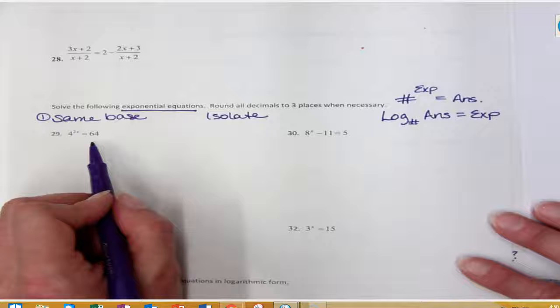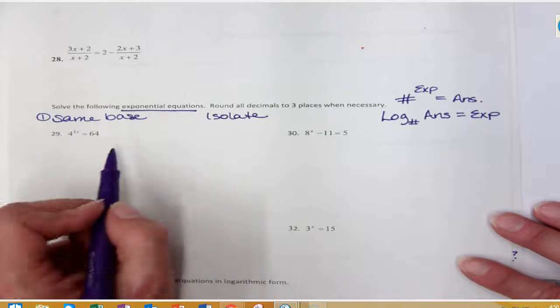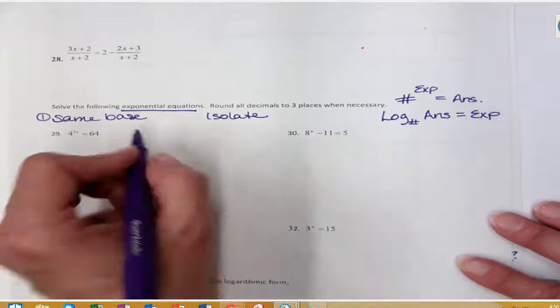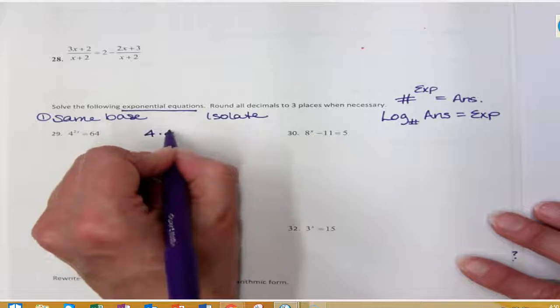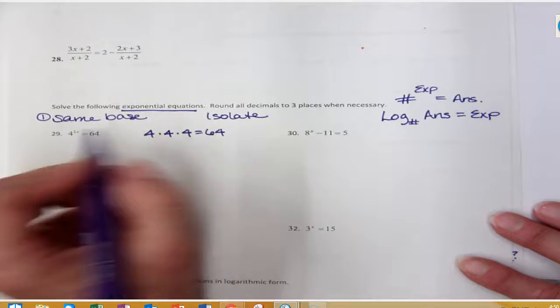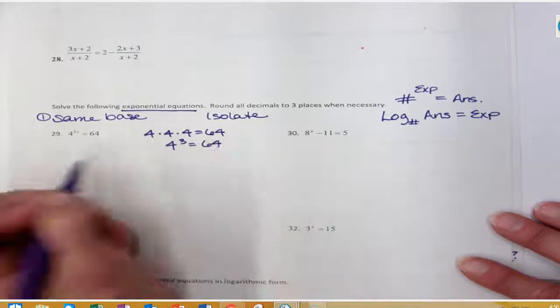Now, 64 and 4, I can put 64 in exponential terms. I know that 4 times 4 times 4 equals 64. So that is 4 to the third power equals 64.